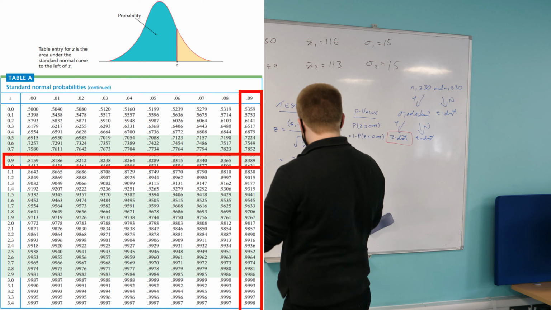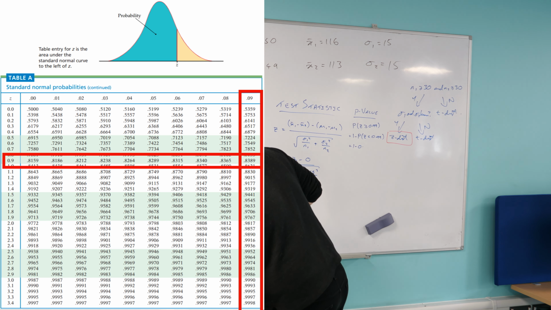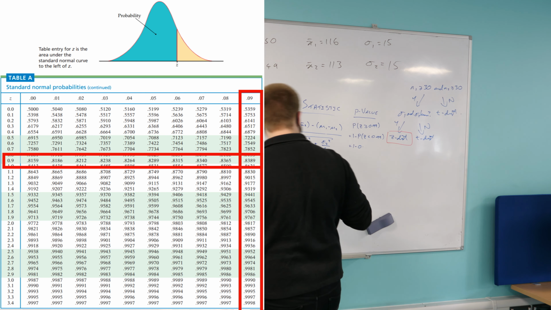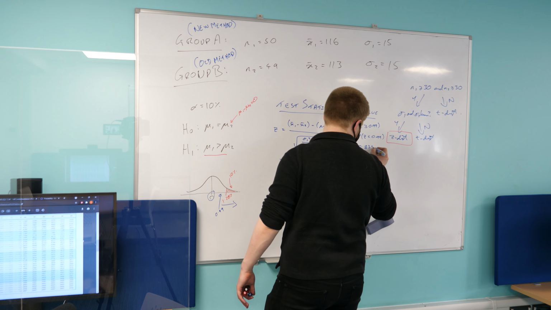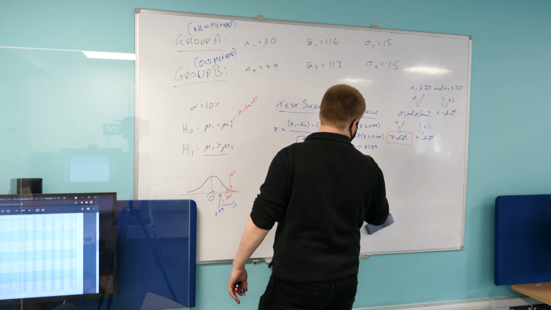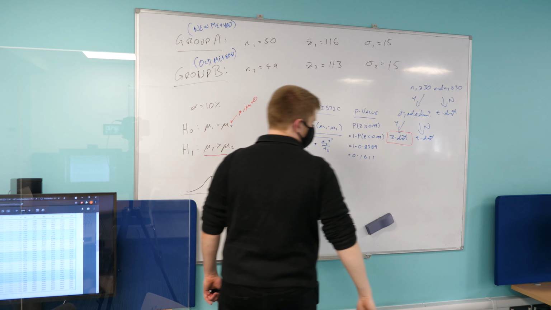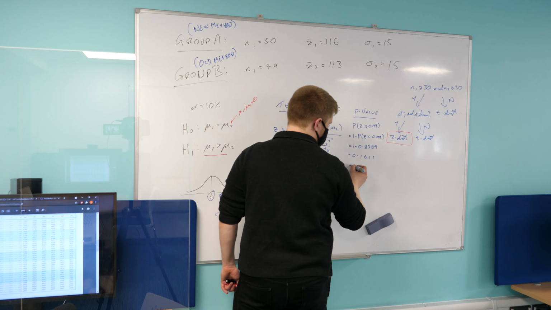So it's going to be 1 minus 0.8389, which is 0.1611, or about 16%.